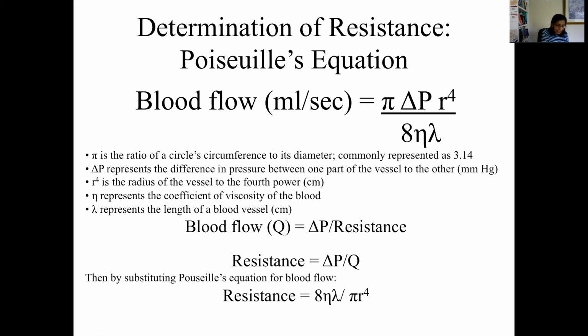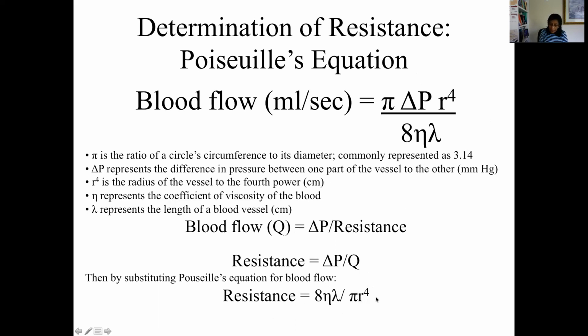Either increase the pressure or reduce the resistance, right? So we have Poiseuille's law turned around to figure out resistance. This is where you would move 8 eta lambda here, and this is basically reversed, over pi r to the power of 4.